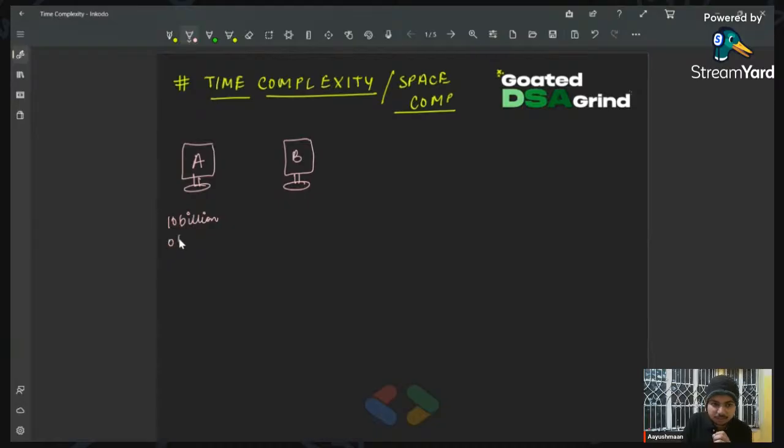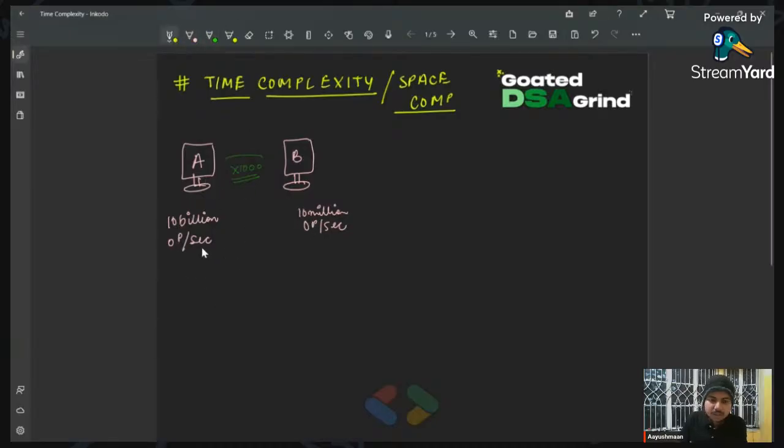Machine B is a bit slow, say about 10 million operations per second. So if we compare these two, machine A is 1000 times faster.